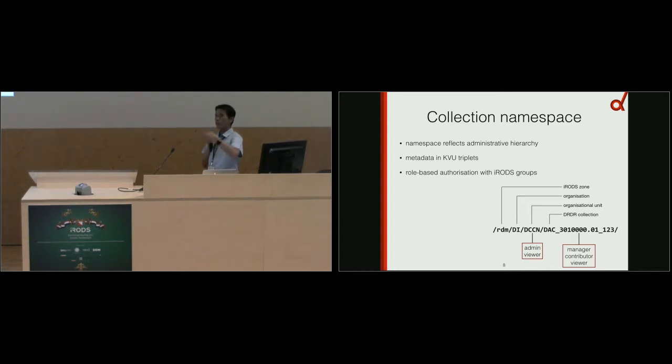Basically, we use the namespace to structure the hierarchical organization between the institute and the researchers' collections. On the collection level, we have metadata stored in key value pairs. And on each level of the namespace, we can create corresponding groups to implement different roles and authorization.